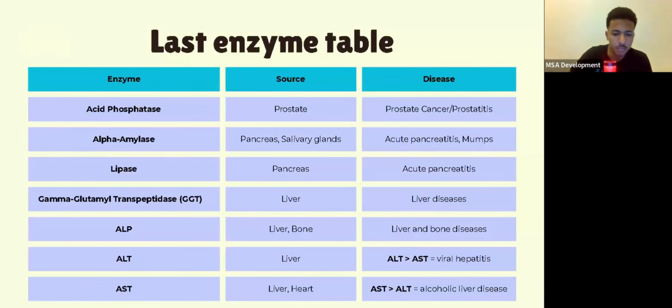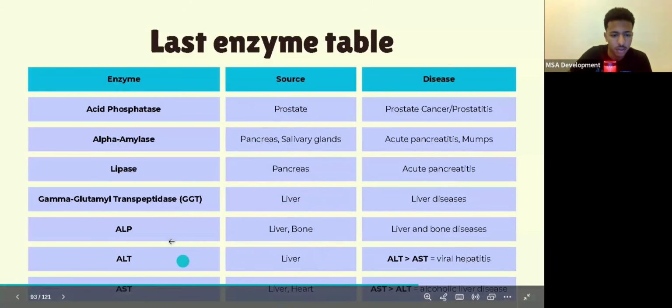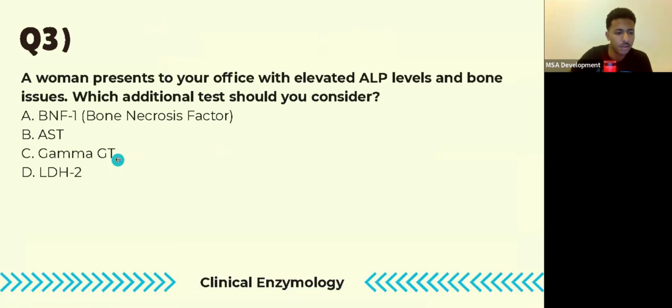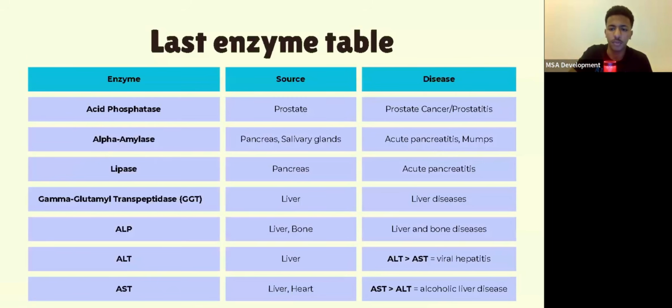Let's go back. Do we have any other bone only? No, we don't. So we need to find a liver only test. It's either ALT or GGT. And the answer is C, GGT. Pretty straightforward, but you have to remember each individual enzyme and the sources.